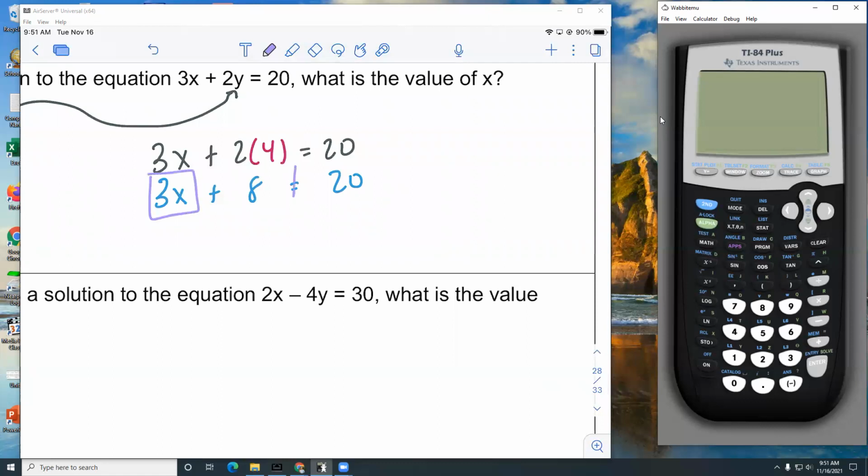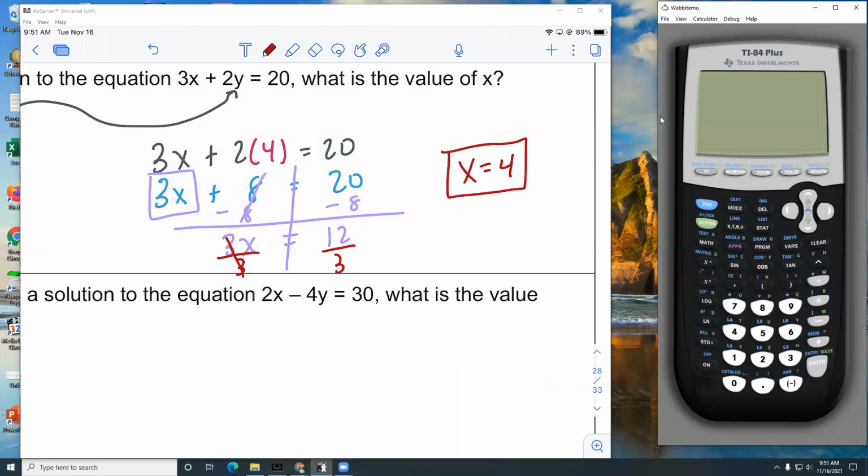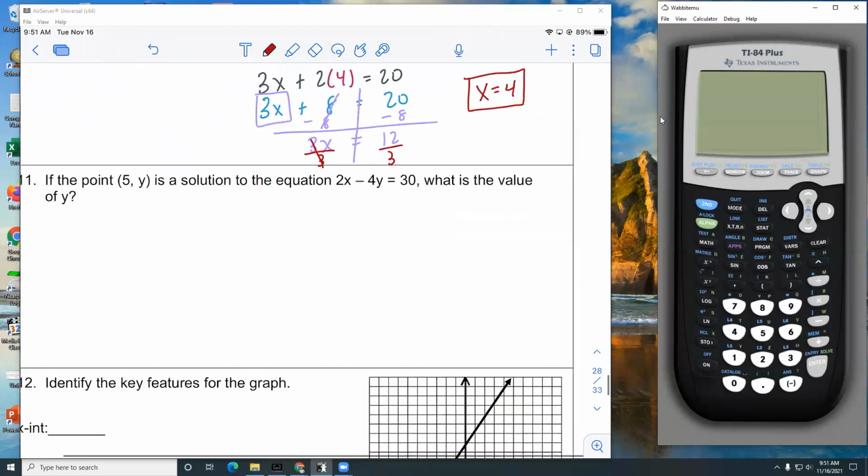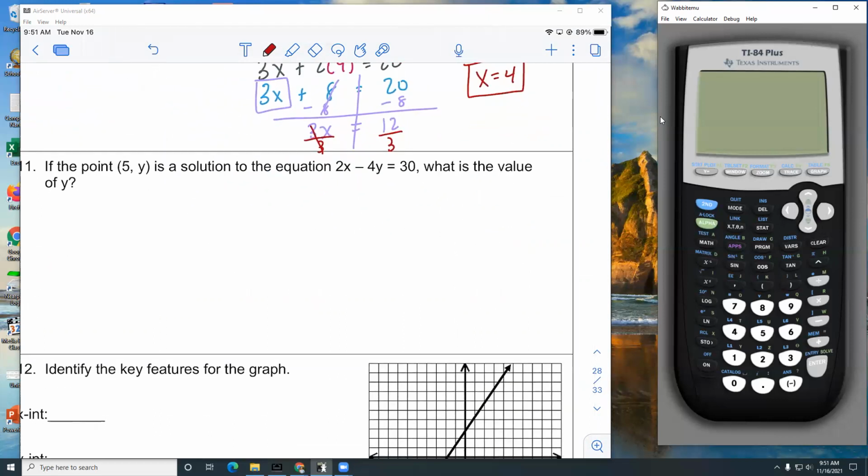That's what I'm trying to solve for. Let's subtract that 8 over. 20 minus 8, I'm going to have my 3x left over here. 20 minus 8 should give me 12. And then dividing both sides by 3 to get that x by itself, 12 divided by 3 gives me 4. So x equals 4. Fabulous.